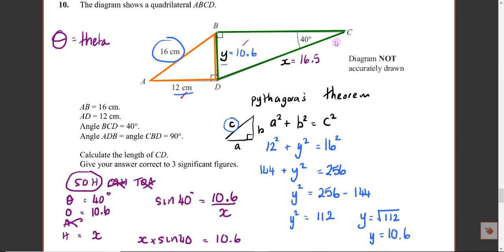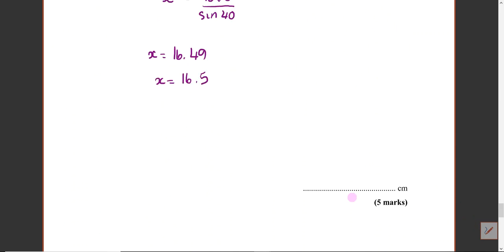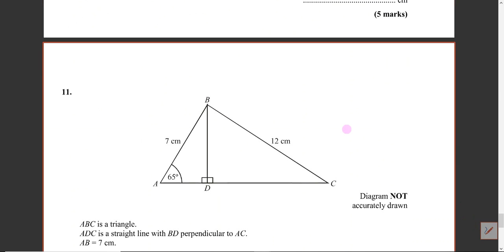It's not stupidly long, so it looks all right. So quite a long question, but did that make sense? Step by step. Okay. Let's have a look then at the next one.